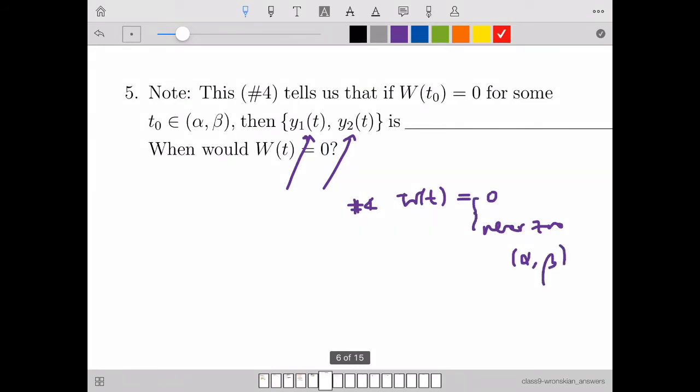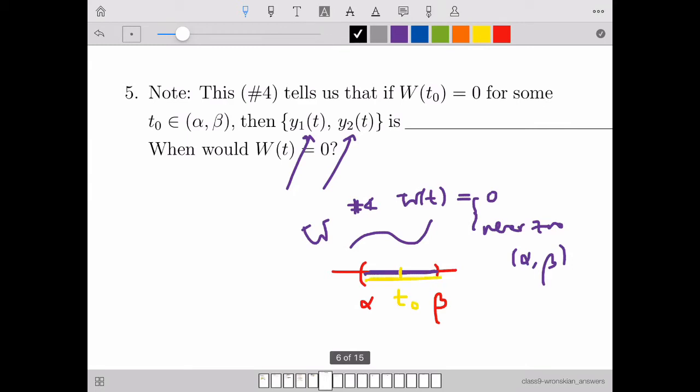So if it is 0 at some point t0, it should be 0 everywhere.